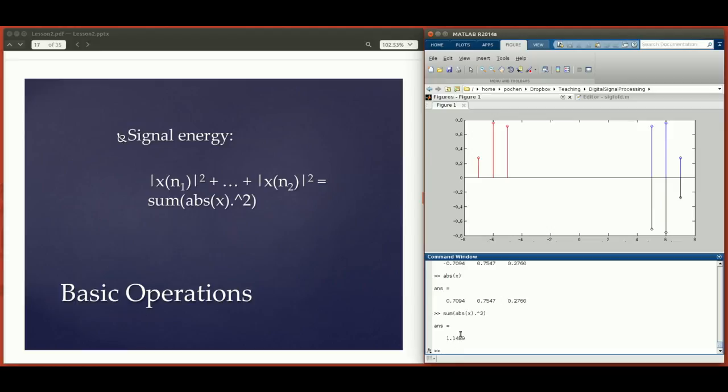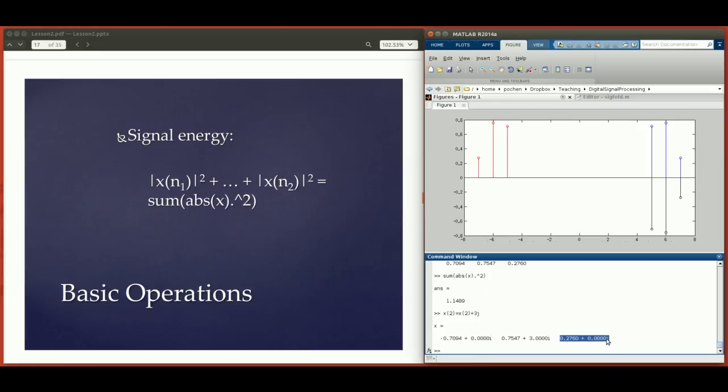Right? And if x actually has complex numbers in it, suppose x2 equals x2 plus, say, 3j. Now x actually has a complex number in it. The first one is still real because the imaginary part is 0. The second one is complex because the real part is non-zero and the imaginary part is non-zero.